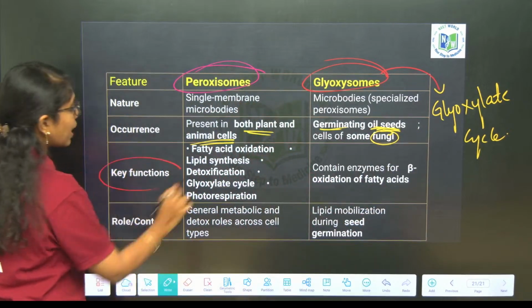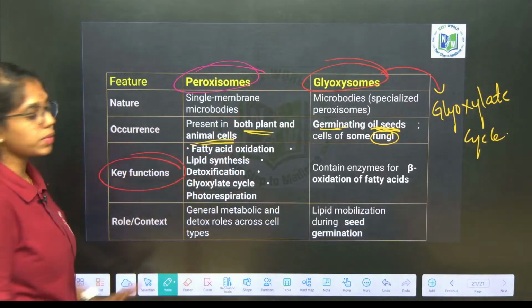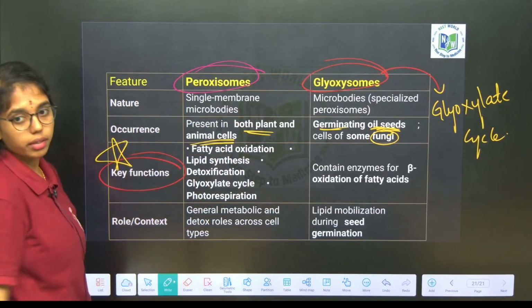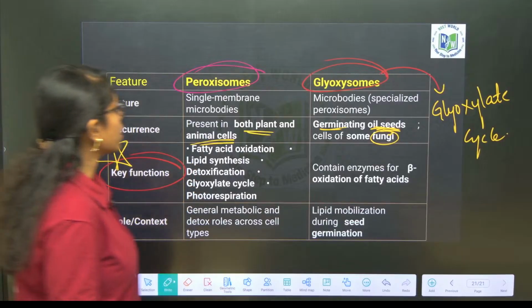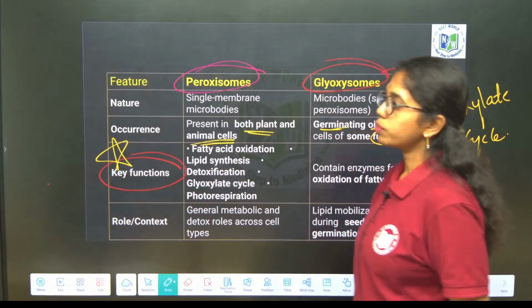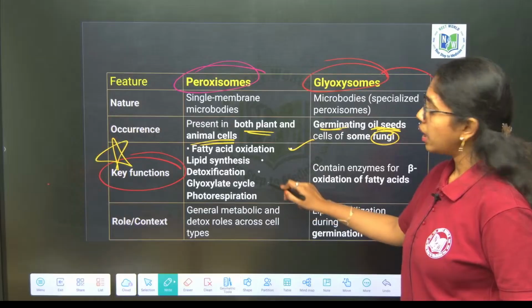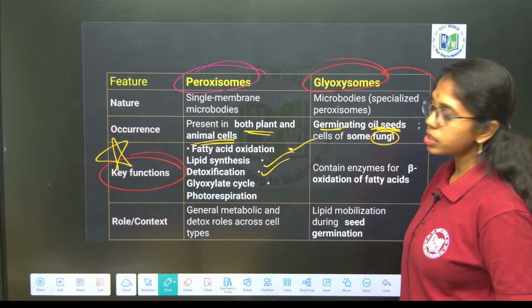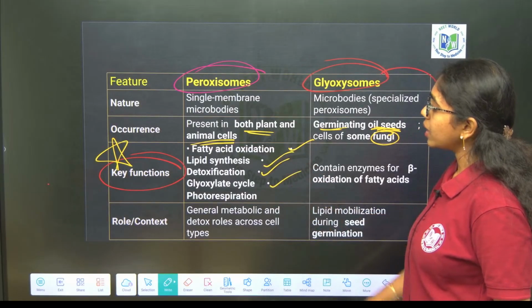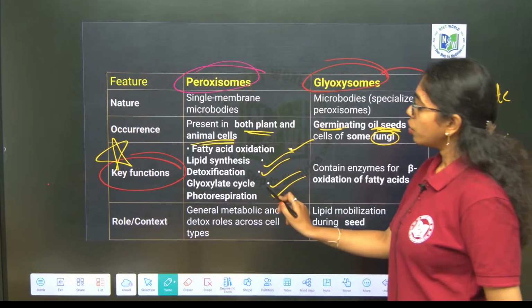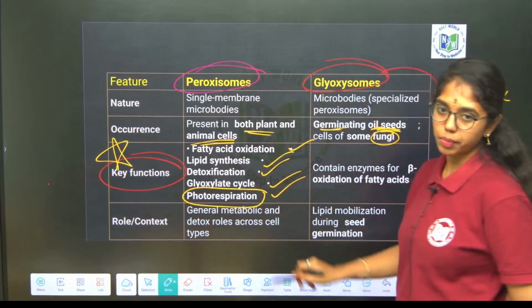What are the key functions of peroxisomes and glyoxysomes? Most important. The key functions of peroxisomes include fatty acid oxidation, lipid synthesis, detoxification of drugs, the glyoxylate cycle and photorespiration. You have a very keen idea about photorespiration, right?